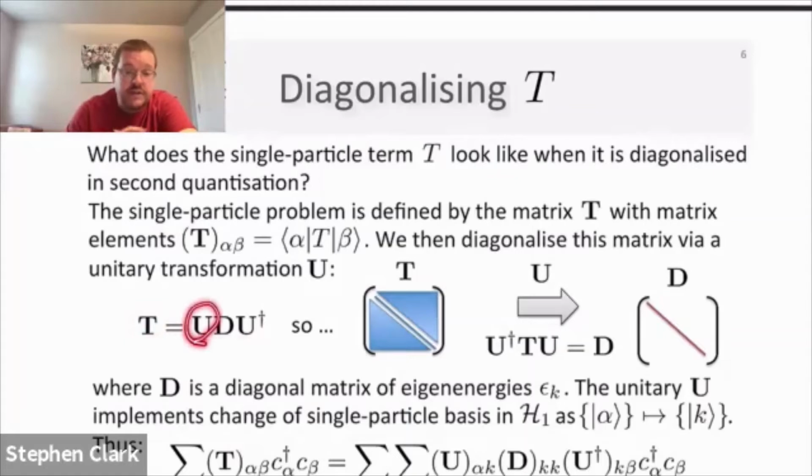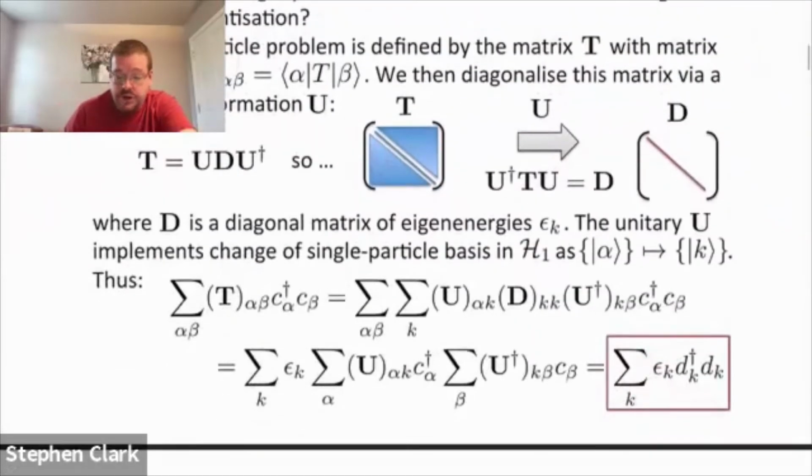The unitary matrix has columns containing the eigenstates, and the values along the diagonal are the eigenvalues. So we take a dense matrix, which has off-diagonal and diagonal elements. If we sandwich it with the unitaries, U dagger T U, we would turn it into a diagonal matrix, whose eigenvalues are the eigenenergies of the system.